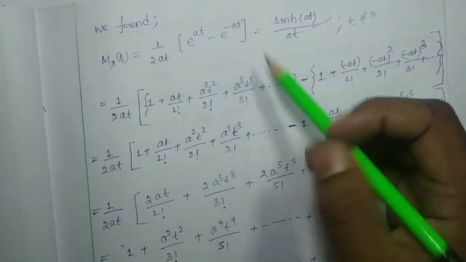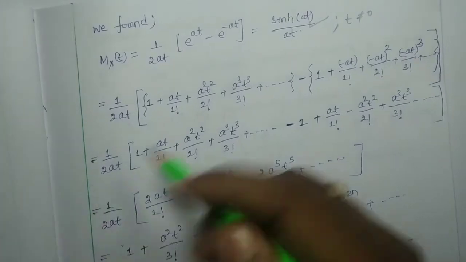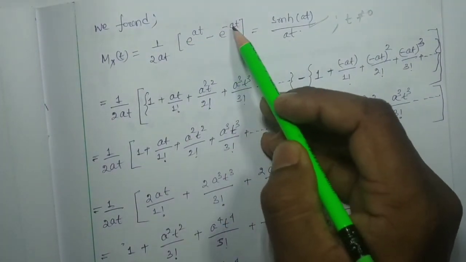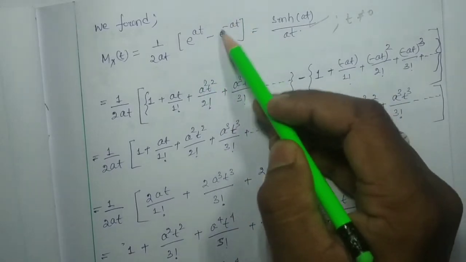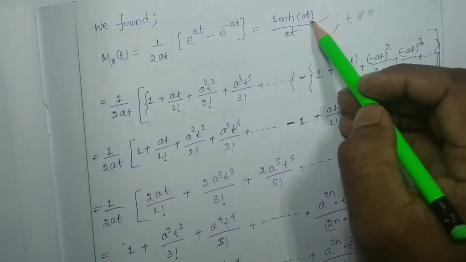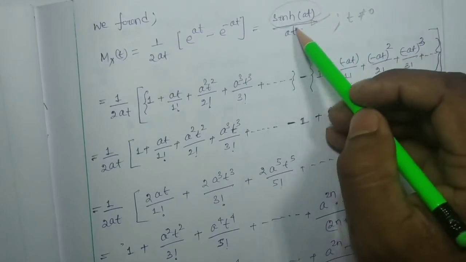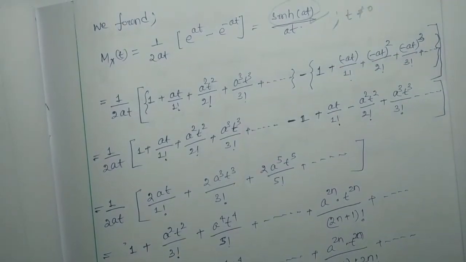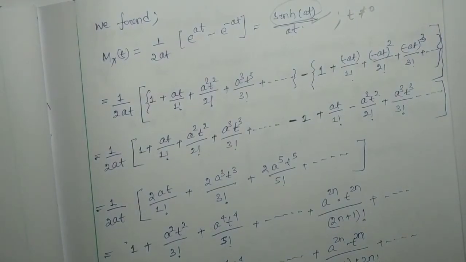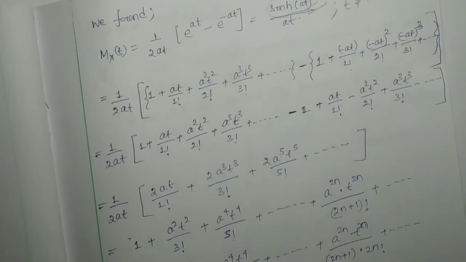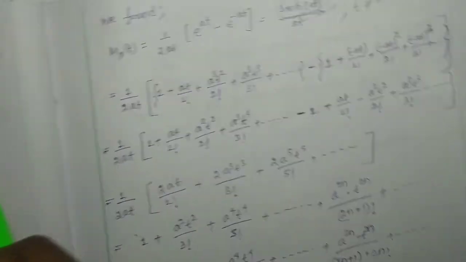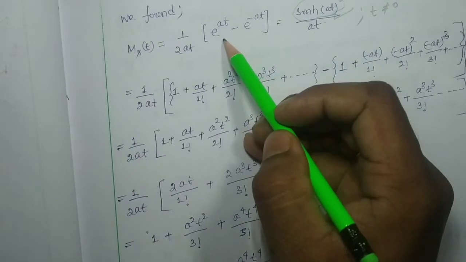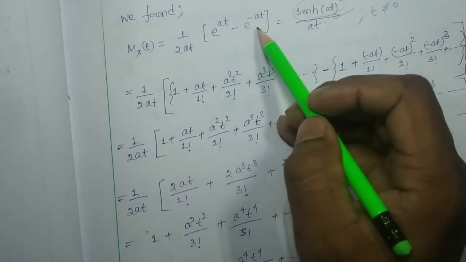So what we are going to do is expand e to the power at and e to the power minus at. Or if you remember the expansion of sinh(at), you can also consider that. Here I am considering the e to the power at expansion and the e to the power minus at expansion.